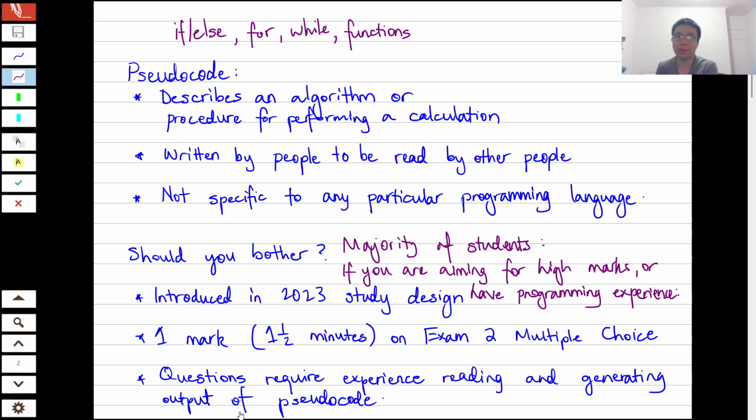So I first want to start by just describing what pseudocode is. It's a way to describe an algorithm or a procedure for performing a calculation. Pseudocode is designed to be read by people, and it's written by people.